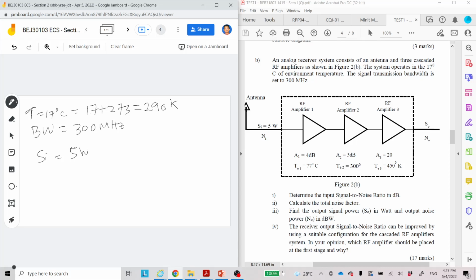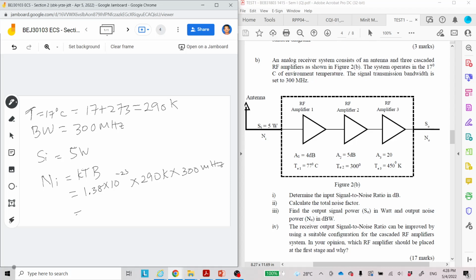Okay, how much is the Ni? So Ni is actually equal to KTB. So this is equal to 1.38 times 10 power of minus 23, multiplied with 290 Kelvin, multiplied with 300 megahertz.